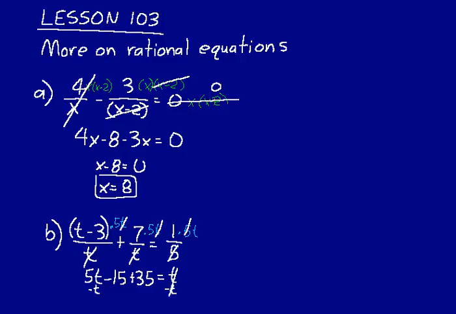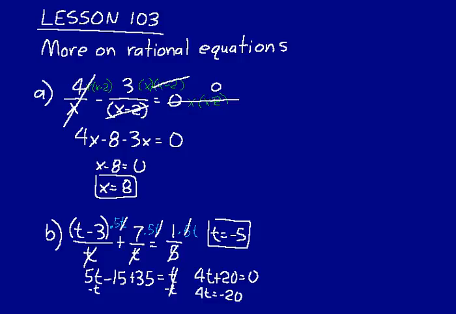That would cancel on the right, and we'd end up with 4t minus 15 plus 35, which is 20, so we have 4t plus 20 equals 0. Subtract 20 from both sides, we get 4t is equal to negative 20, and so therefore t is equal to negative 5. And that's our answer. t equals negative 5.